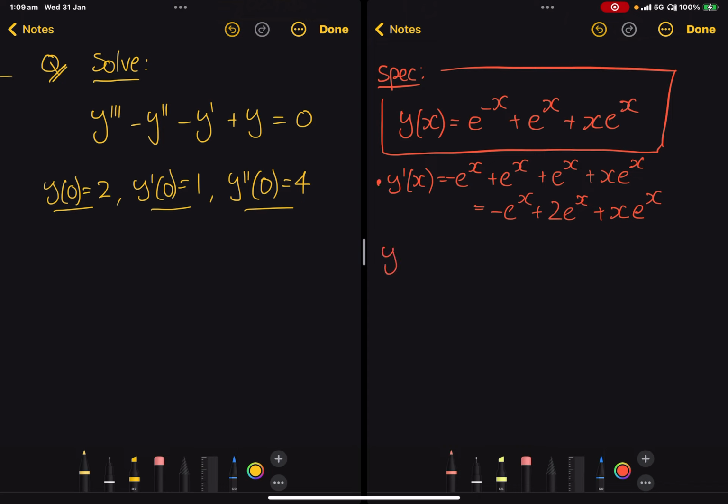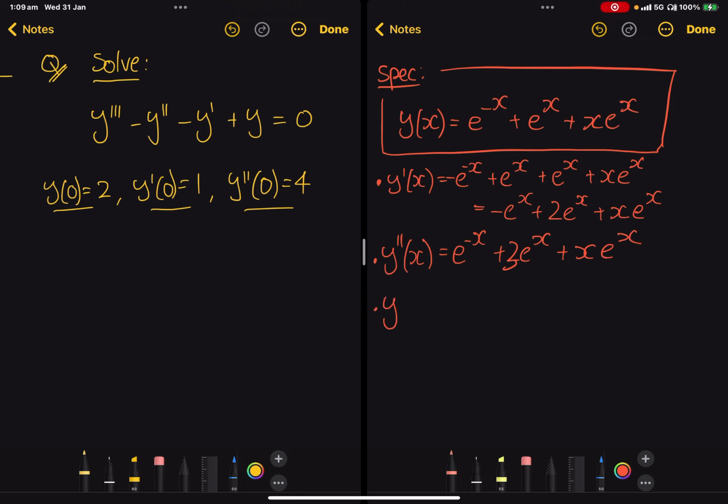Second derivative, y double prime of x: negative e to the negative x becomes e to the negative x, 2e to the x becomes 2e to the x, and x e to the x again generates a new e to the x, so this becomes 3e to the x, plus x e to the x.